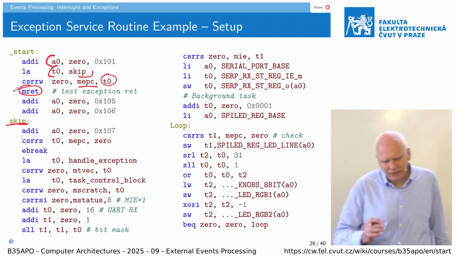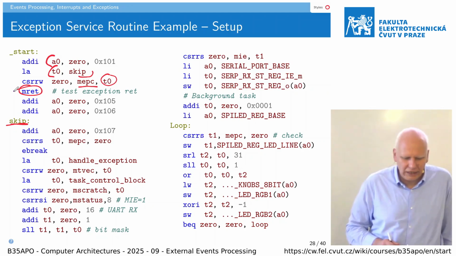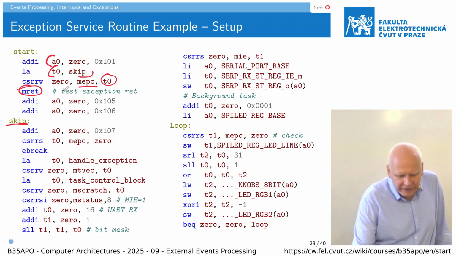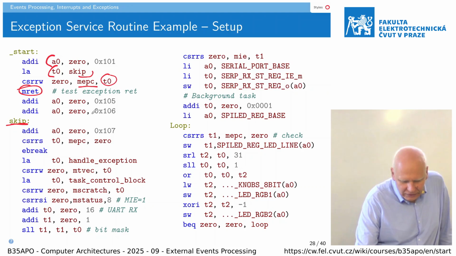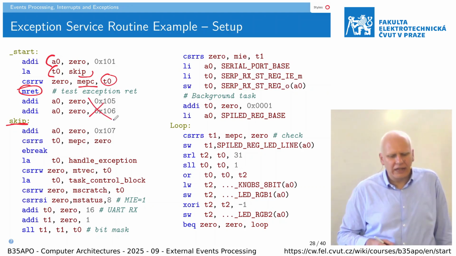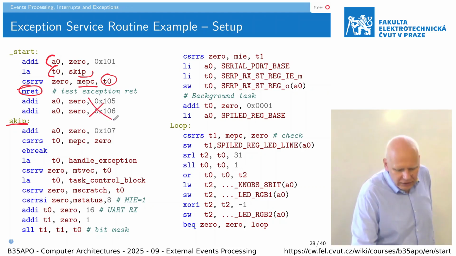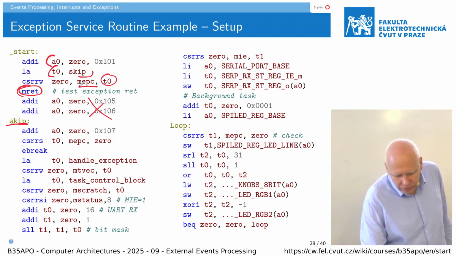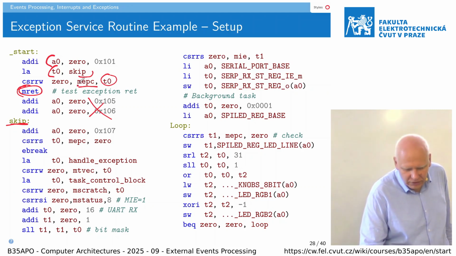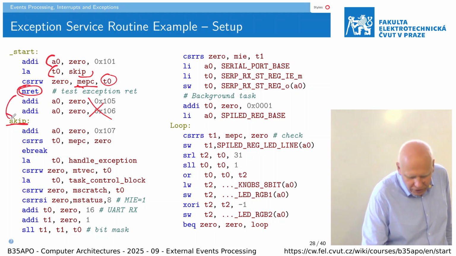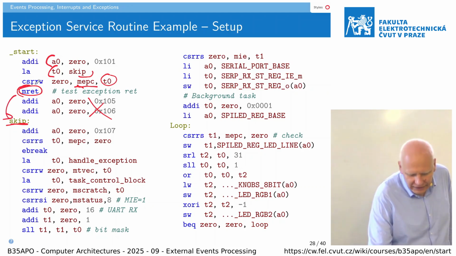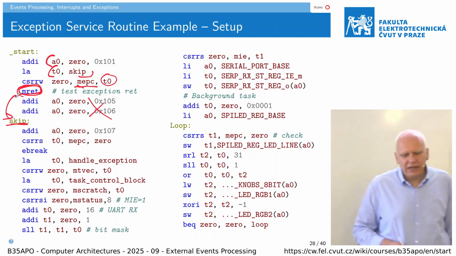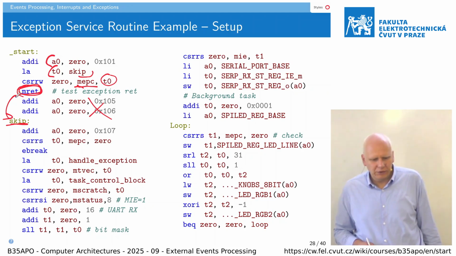In fact, on real hardware this is not a good idea, but this way it is possible to test that those two instructions are skipped because the MRET switches to this address. So basically this tests that the instruction works correctly in the simulator.